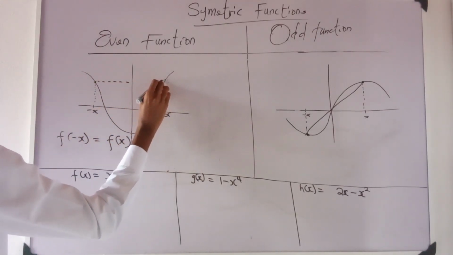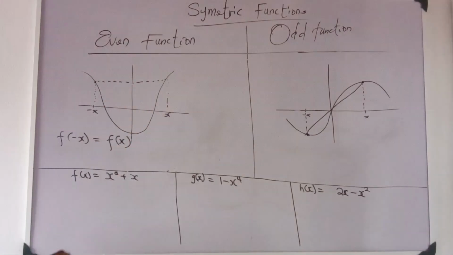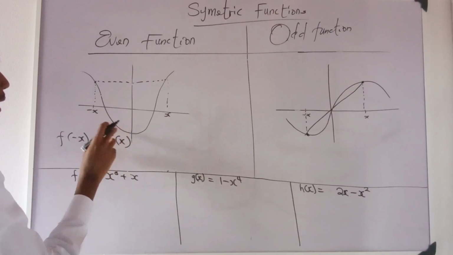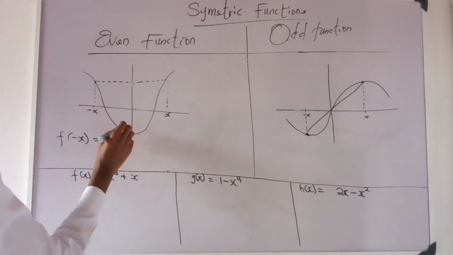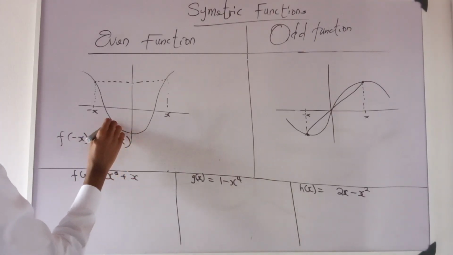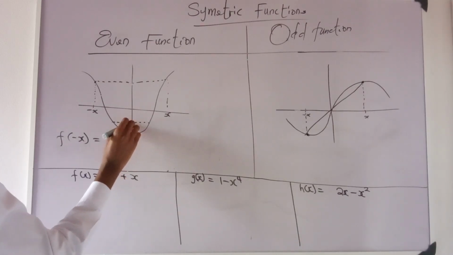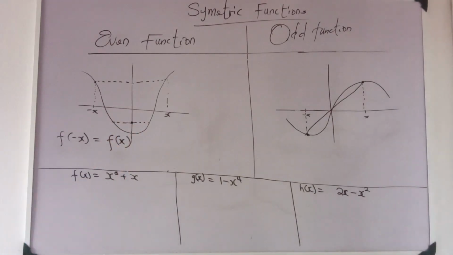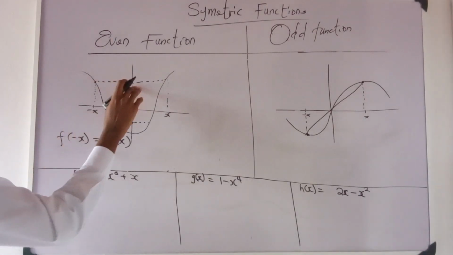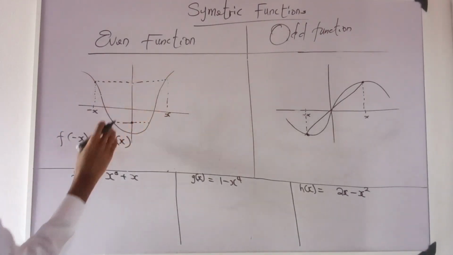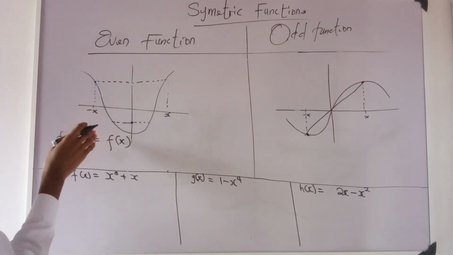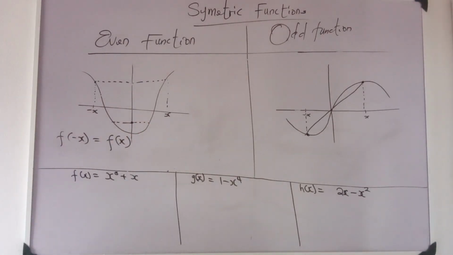And for every positive x, the function has a corresponding positive y. And also for every negative x, the function also has a negative y here. And for every positive x here, the function also has a negative y. So if the function was positive y on both sides, the function will as well be negative y on both sides.